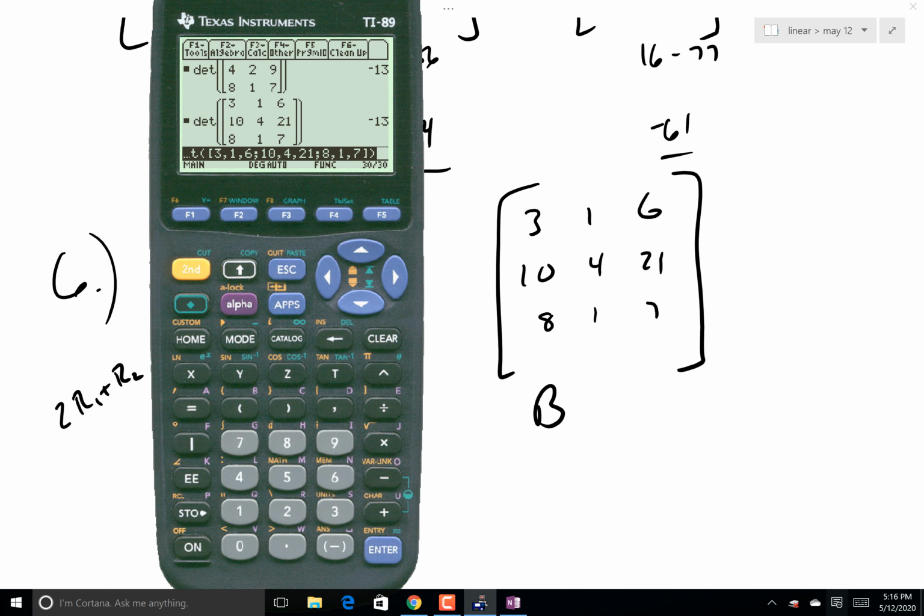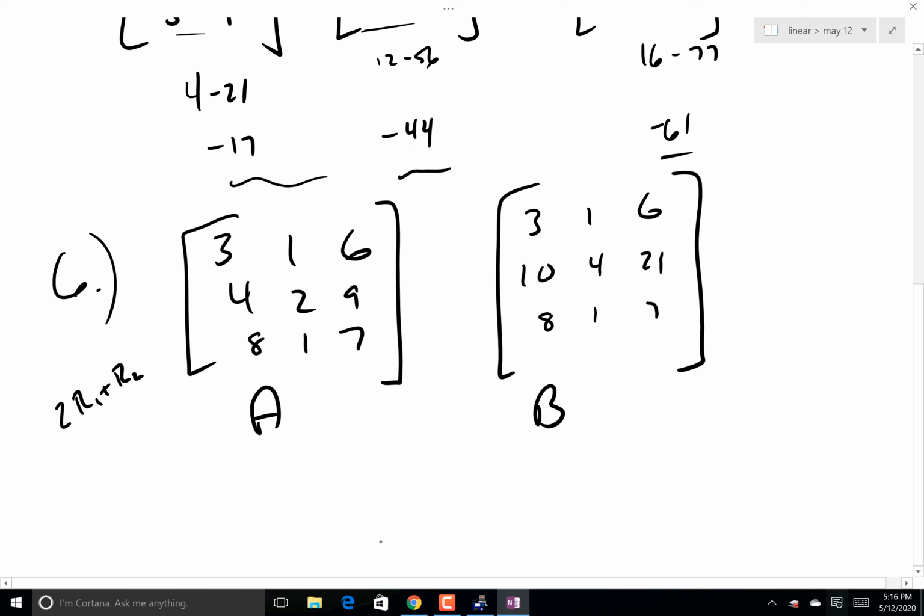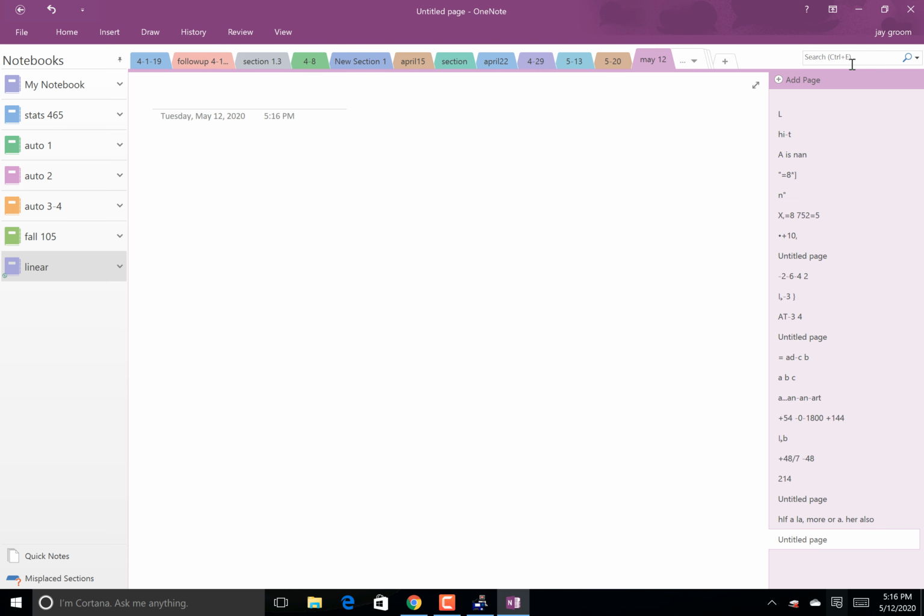Negative 13. Kaboom! All right, so those are some of the properties of the determinant. They're algebraic properties. Pretty easy to do.